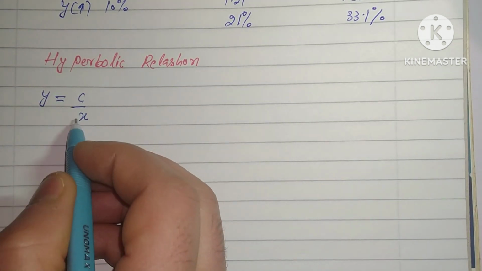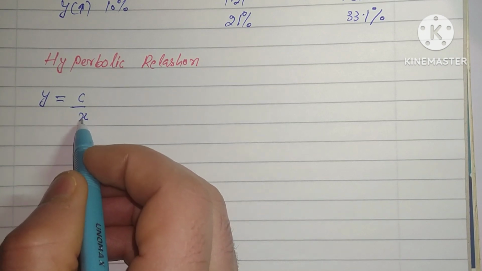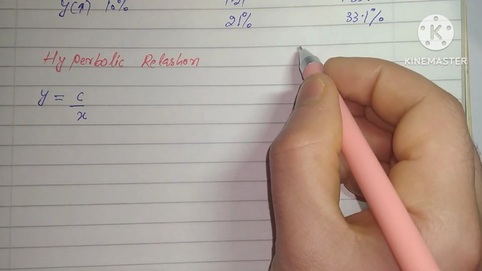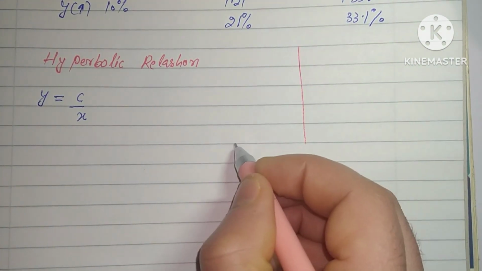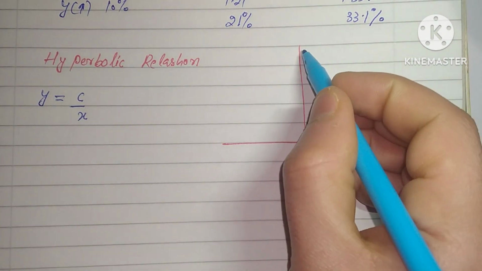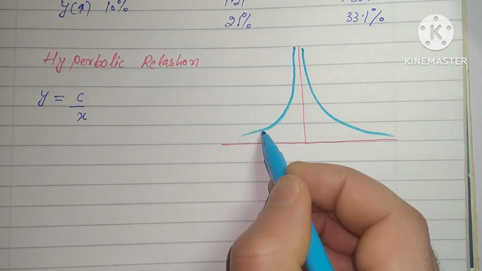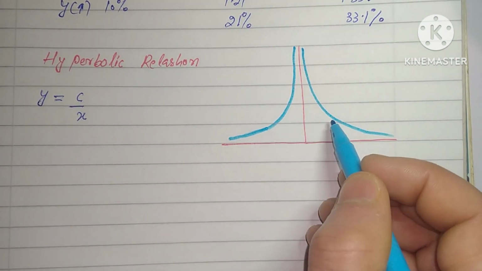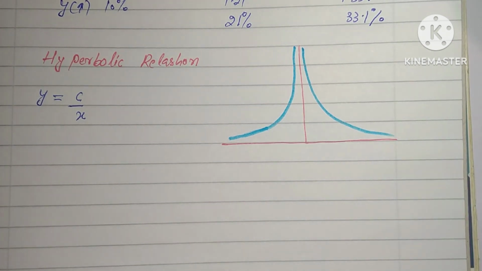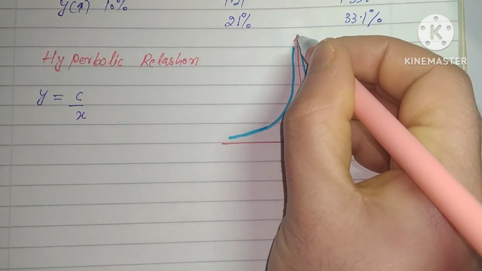This is the basic relation of hyperbola, that is y is inversely related with the x. In the graphical way, if we draw the graph of hyperbola, it will be like this. This is the graph of hyperbola, square hyperbola. Now this is x-axis and this is y-axis.